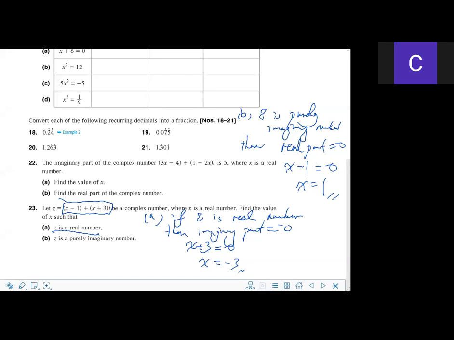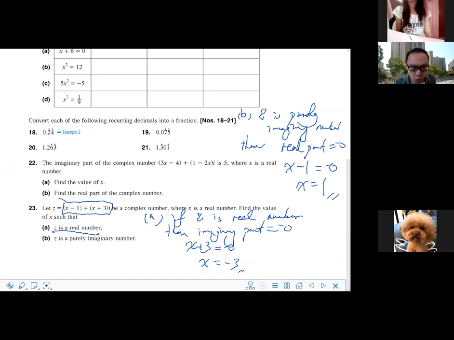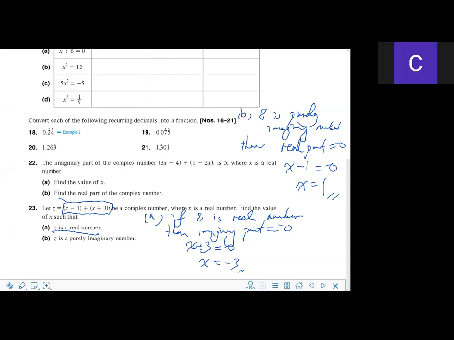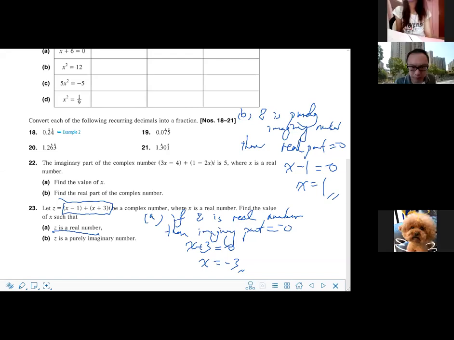Okay, and then what is meant by a purely imaginary number, and what is meant by a real number? 呢幾樣嘢睇下明唔明白？如果 OK 嘅，可唔可以俾個 like 我，或者俾個拍手我？如果有任何唔 OK 嘅，請舉一舉手。So if you are all okay, please give me a like or a clap. Okay, if there is something not okay, please raise your hand. Okay. Okay, good.